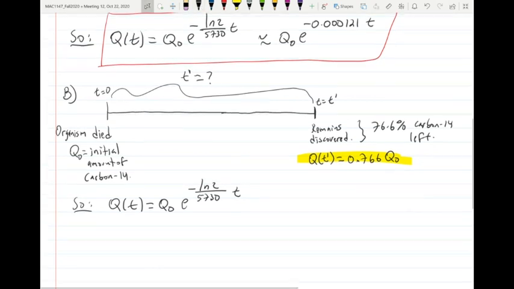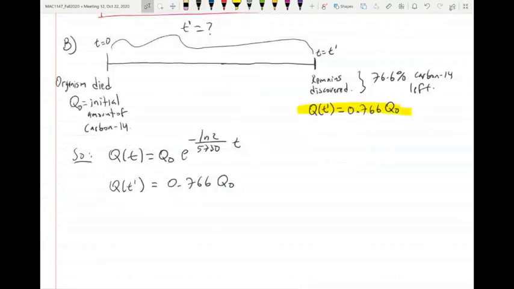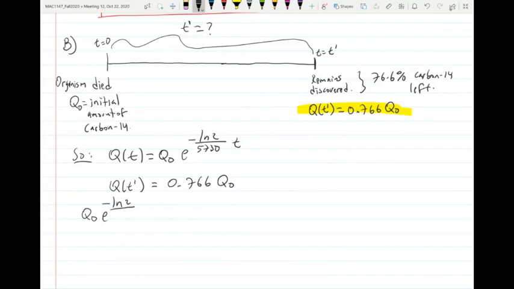Now when we plug in T prime, this is going to be equal to 0.766 times Q0, and we know that Q of T prime is Q0 e to the negative ln of 2 over 5730 times T prime.